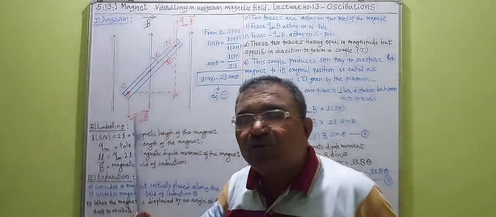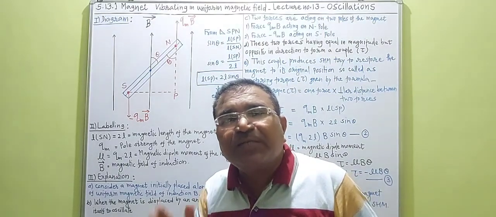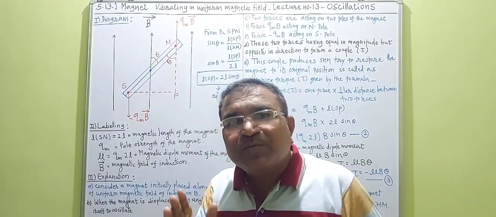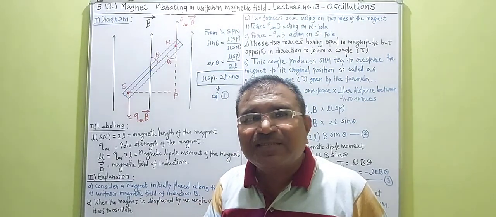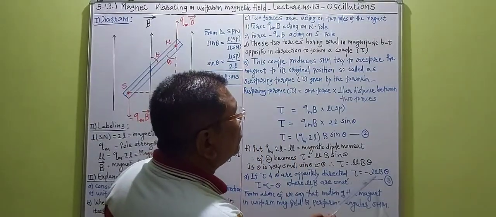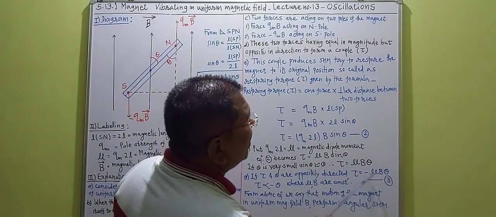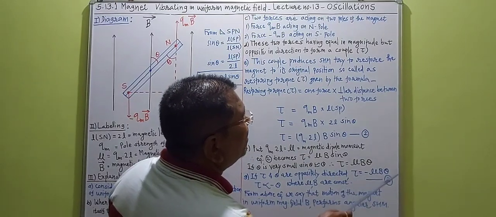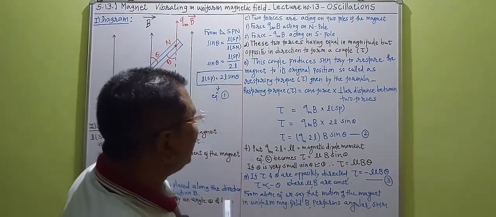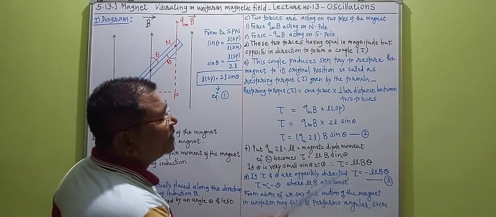So restoring torque tau and angular displacement theta act in opposite directions, and so the negative sign is given here: tau is equal to minus mu B theta. I have taken the minus sign here because tau and theta are oppositely directed.